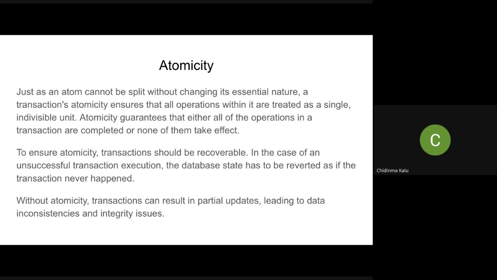That's why atomicity is quite important. And basically, transactions should be recoverable. So in case of an unsuccessful transaction execution, the database can be reverted to its previous state.